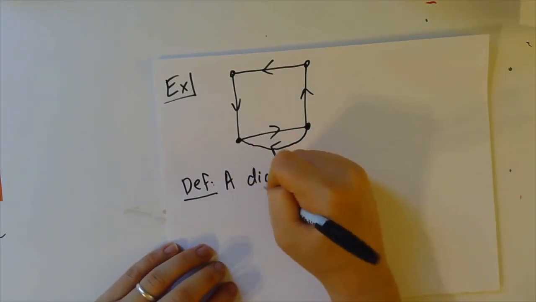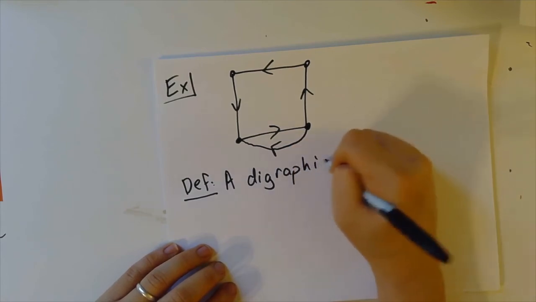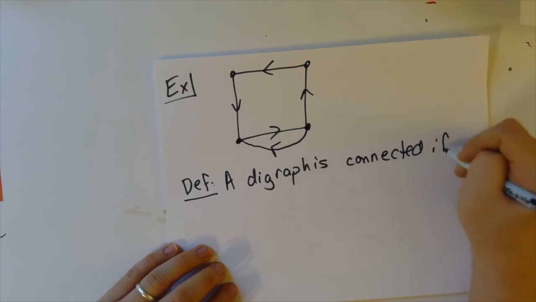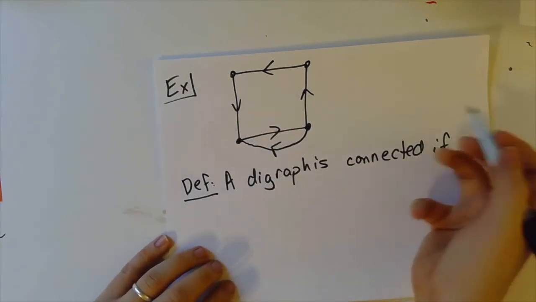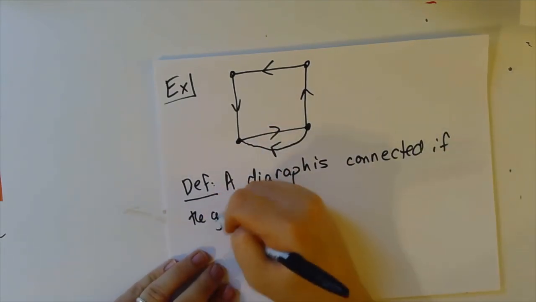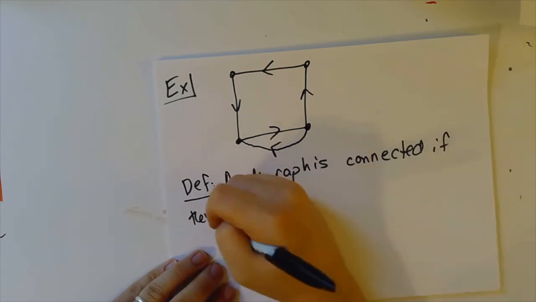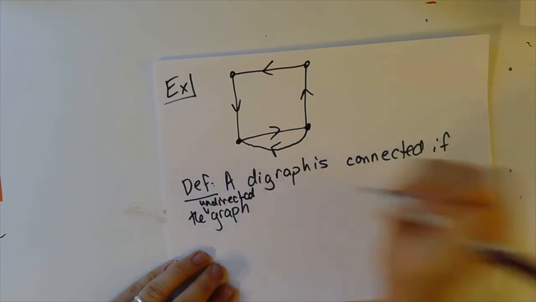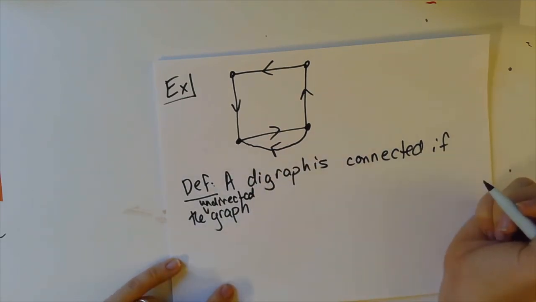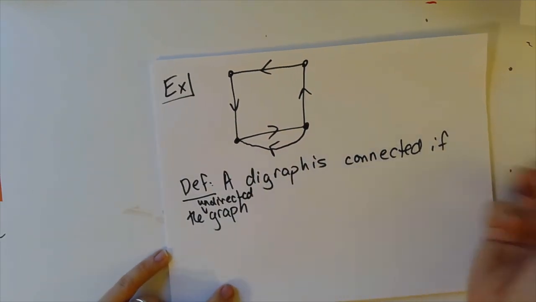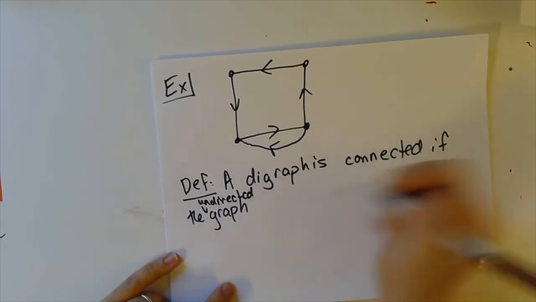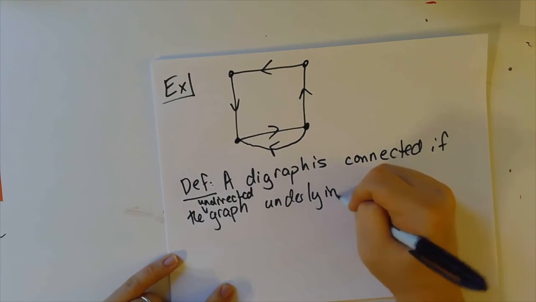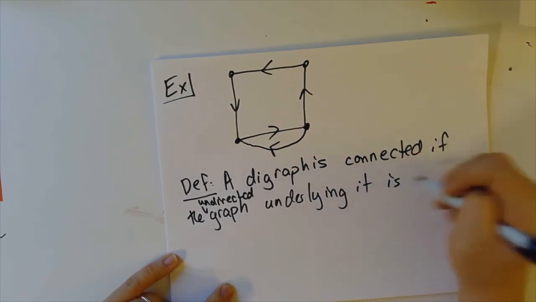So, a digraph is connected if, and so I'll say if the graph, and so if the undirected, an undirected graph is just a graph, but I can say undirected to emphasize the fact that I don't care that it's directed. The undirected graph underlying it is connected.